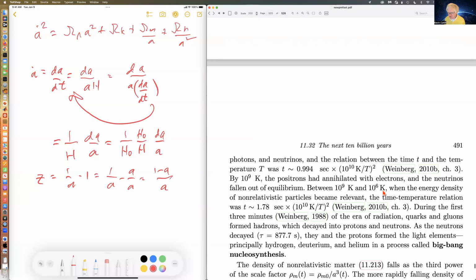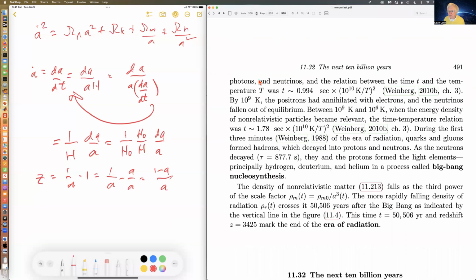Between 10 to the 9th and 10 to the 6th, the energy density of non-relativistic particles became relevant. And the time temperature relation is 1.78 seconds times 10 to the 10th over the temperature, and that ratio squared. This I took from Weinberg's book on cosmology.